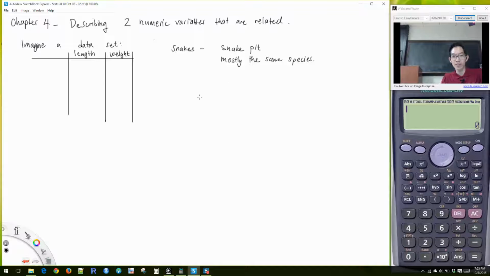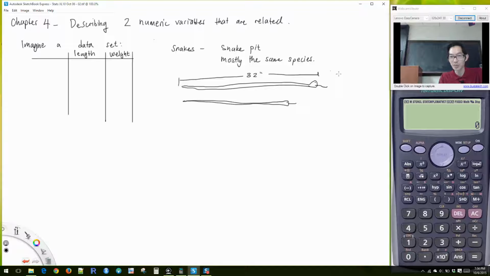Okay, and so this is my drawing of a snake. And then here's another snake. See, I'm really good at these drawings, okay? And then we go, oh, well, this guy is 32 inches long.